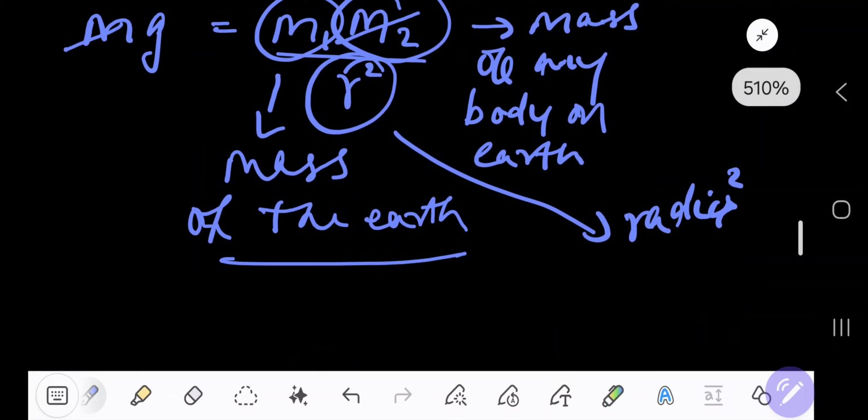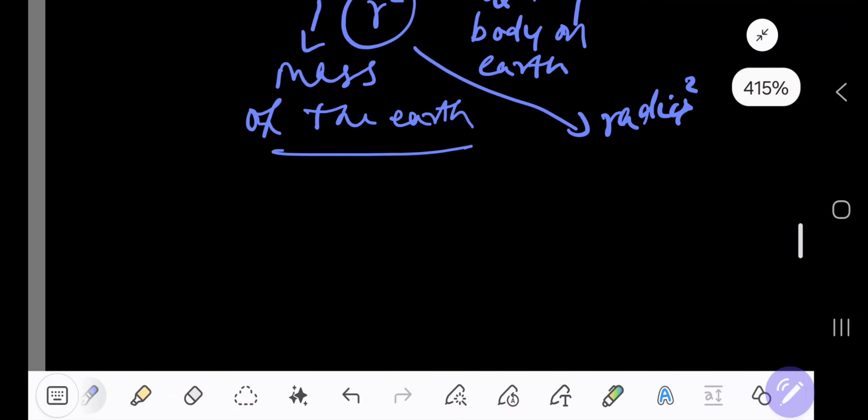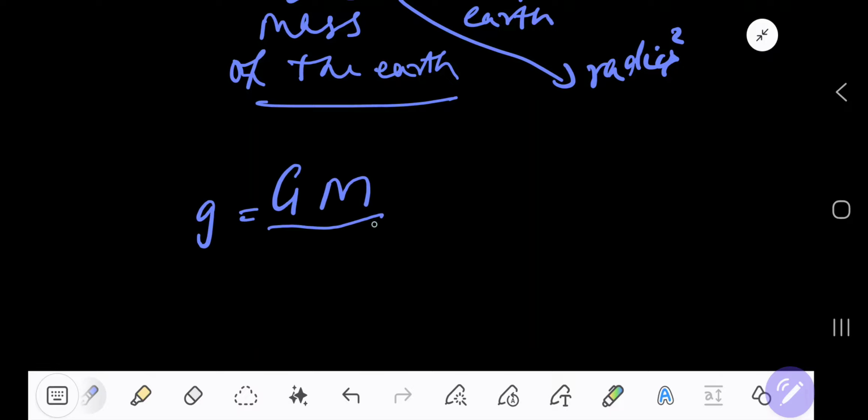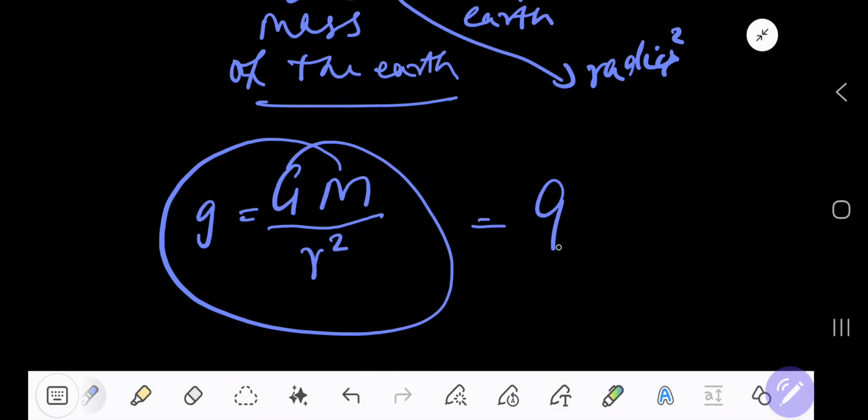When you cancel, all we're left with is g equals G times the mass of the earth divided by the square of the radius of the earth. When you plug in all these values, this is equal to 9.8 meter per second squared.